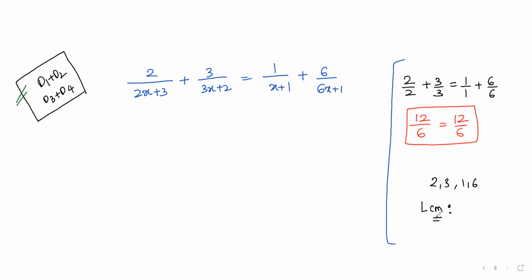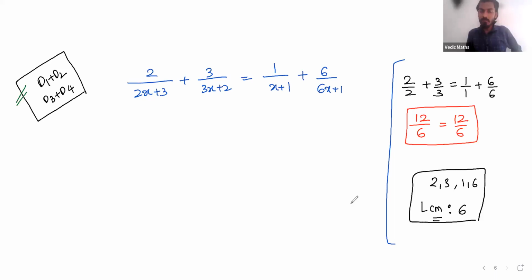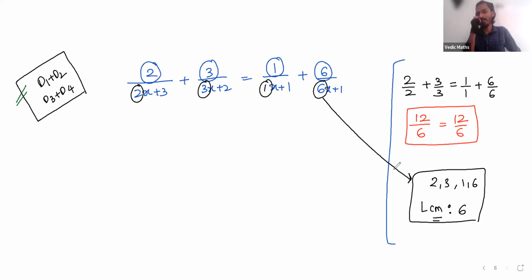LCM is 6. That is one point, making the numerators the same. Or you have to make the coefficients of the constants the same, but here both are the same number. So be careful according to the problem.